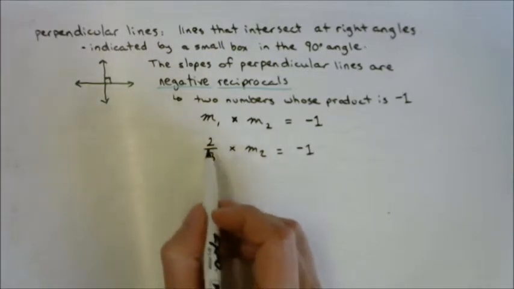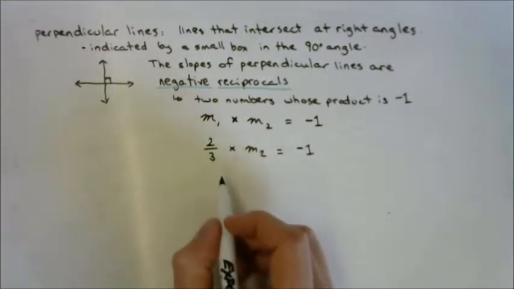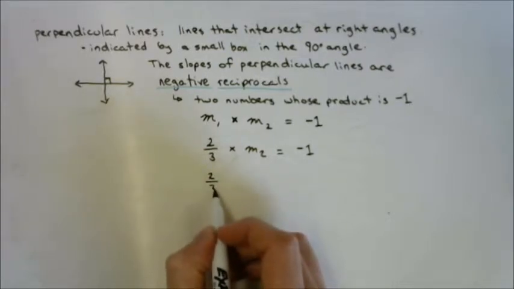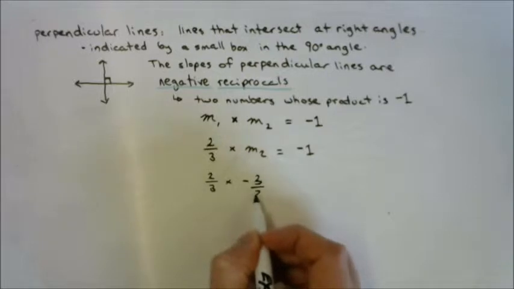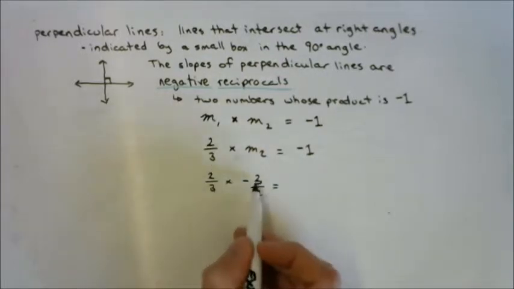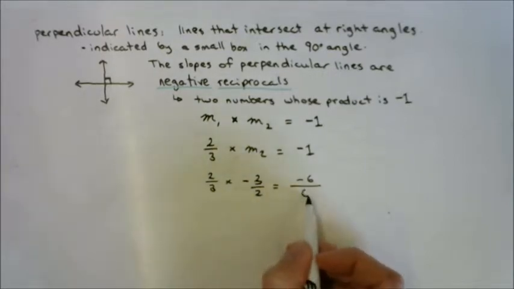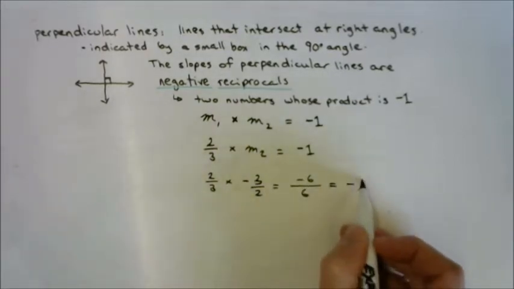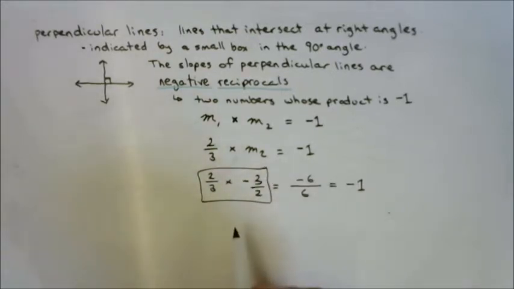What's the negative reciprocal of 2 over 3? Negative 3 over 2. So watch what happens. If we have negative 3 over 2, and we do top times top, we get negative 6. Bottom times bottom is 6. That reduces to negative 1. Therefore, these slopes are perpendicular.